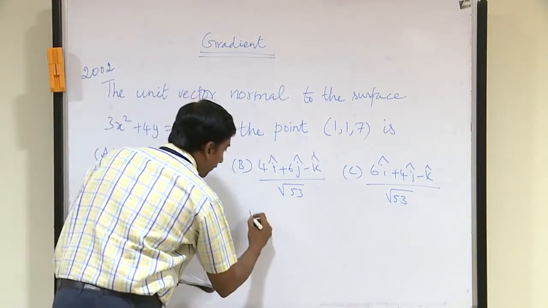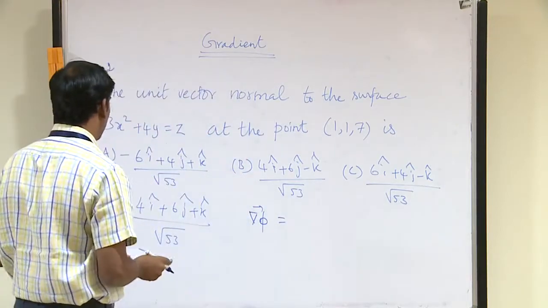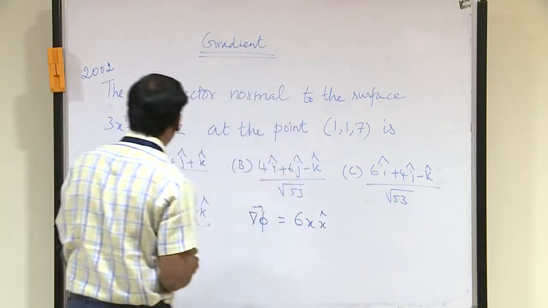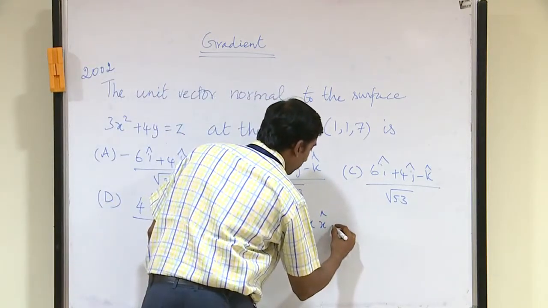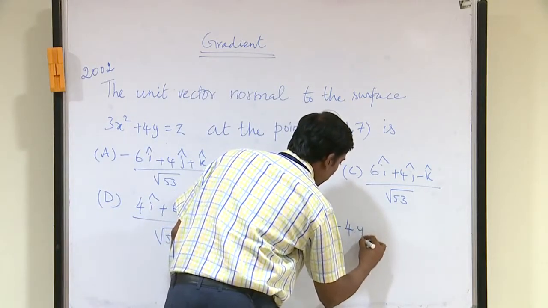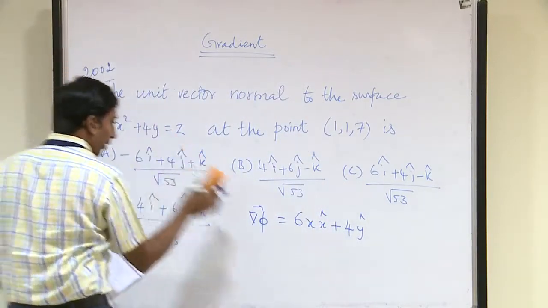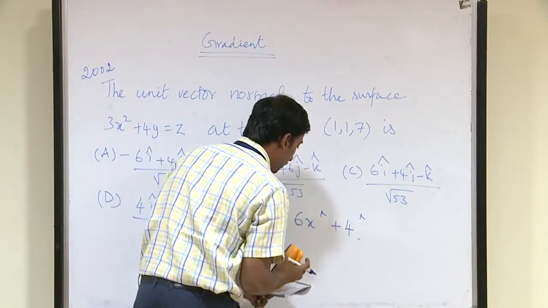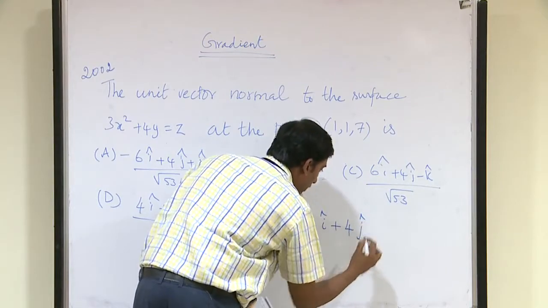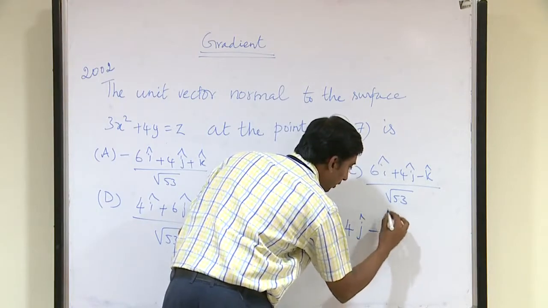So what is gradient of phi? For the given problem, it is 6x i cap plus 4j cap minus k cap.